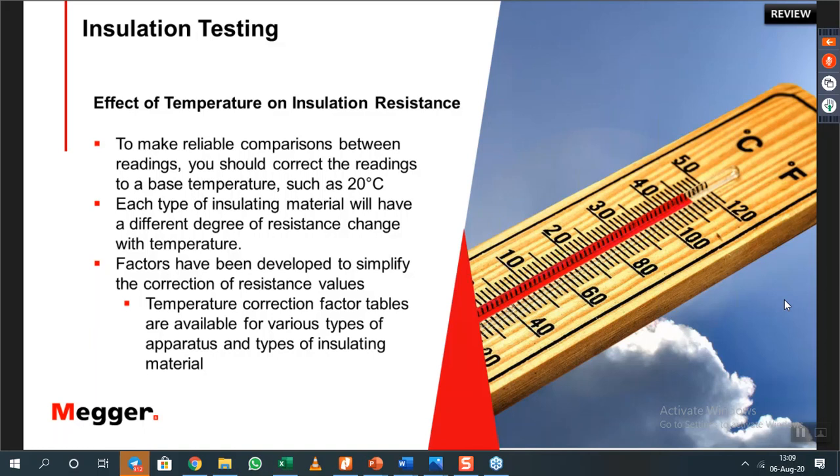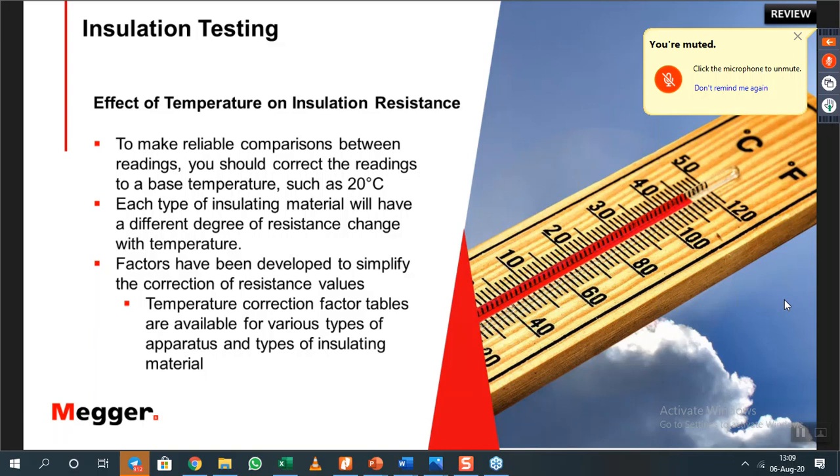In order for you to have this trending, you need to have a uniform base. That's why you need to correct each reading to 20 degrees Celsius. If you're going to compare things, you need to have a base, and that base for insulation resistance is 20 degrees Celsius.